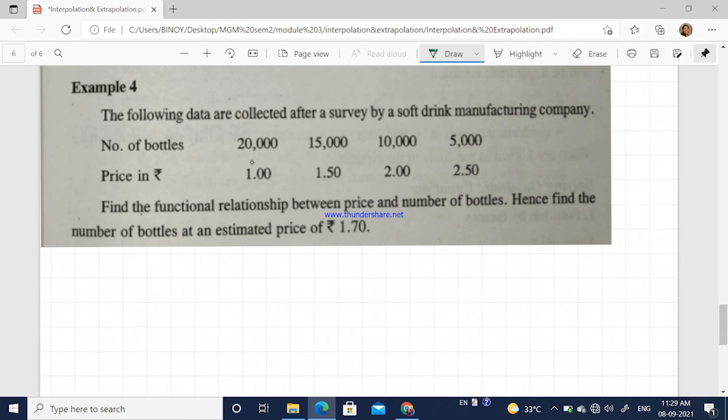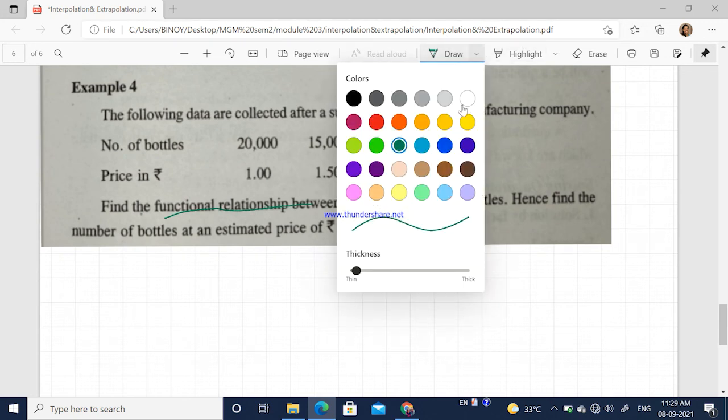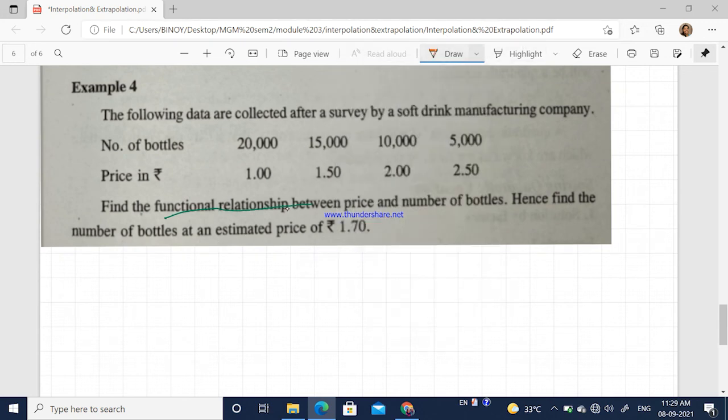When the price is 1 rupee, the bottles collected is 20,000, and when it was increased to 1 rupee 50 paise, it is 15,000, and increased to 2 rupees it is 10,000, and at 2 rupees 50 paise it was 5,000. So you need to find the functional relationship between the price and the number of bottles.